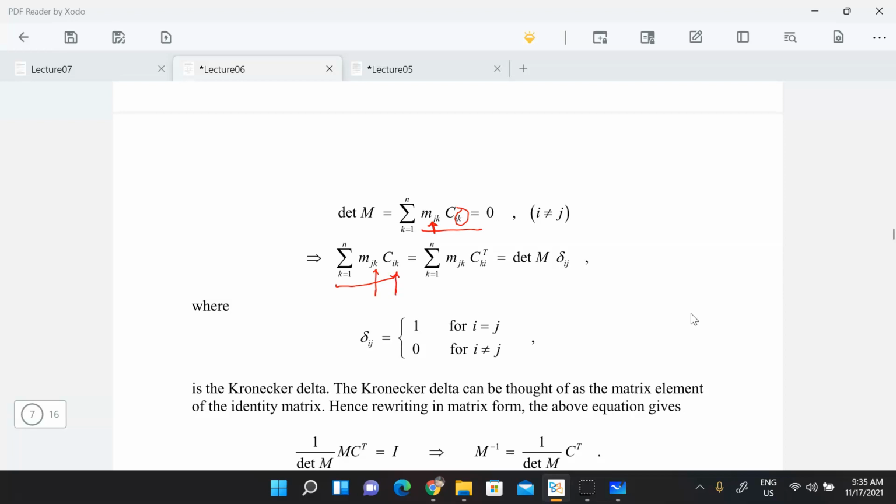If you want to make them adjacent so that it looks like a matrix multiplication, I have to flip the k over here to the first index and get it to be transposed. Then this looks like matrix multiplication.